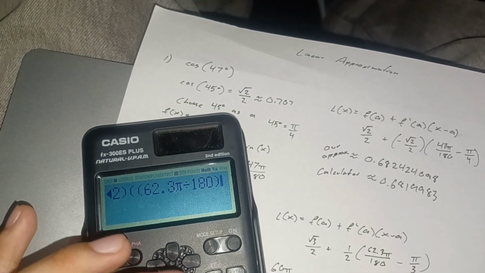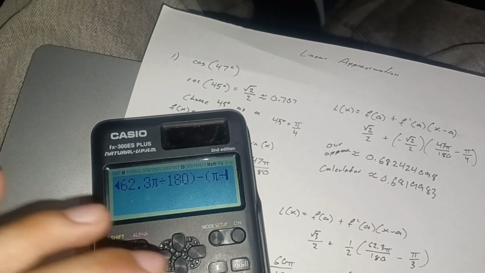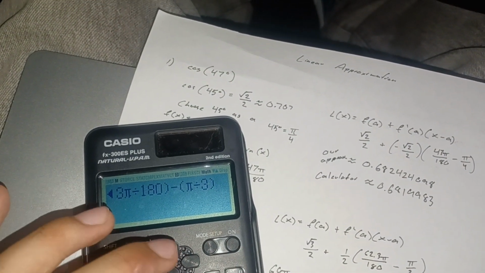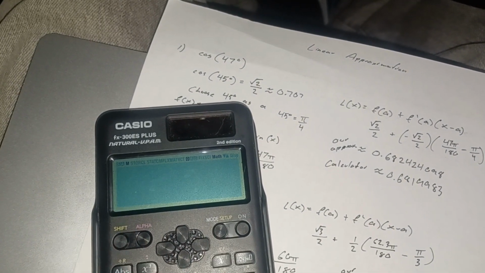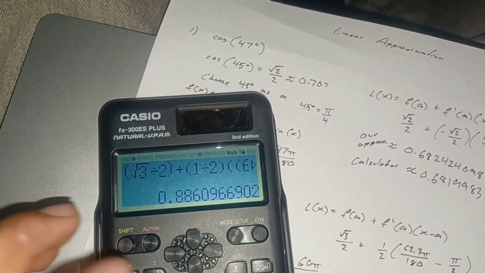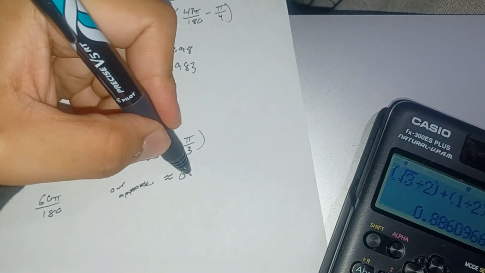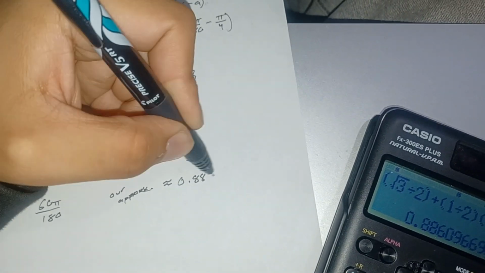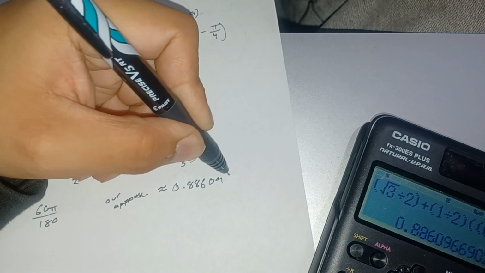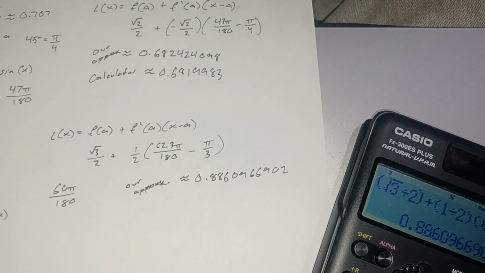Minus pi divided by 3, close parentheses. 0.886096. Let's go ahead and write it down. So that'll be 0.8860966902. That'll be our approximation.